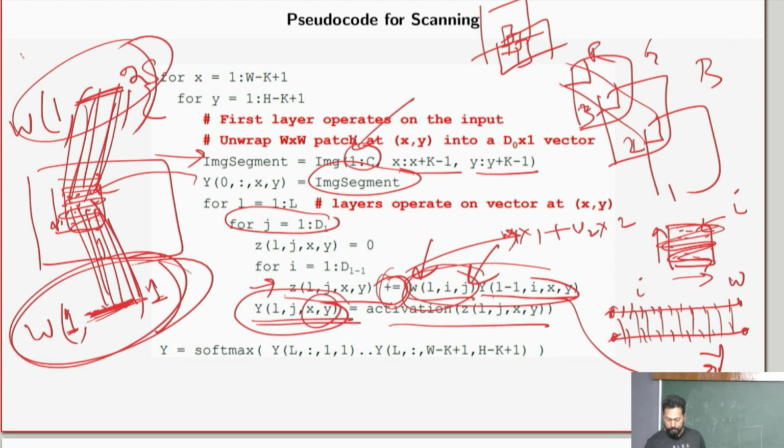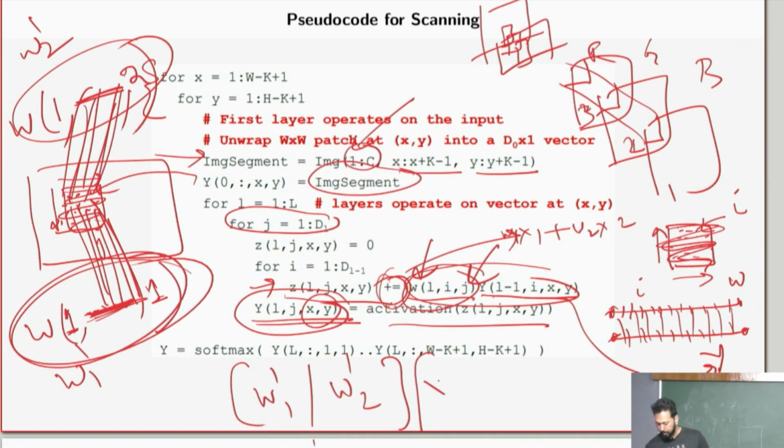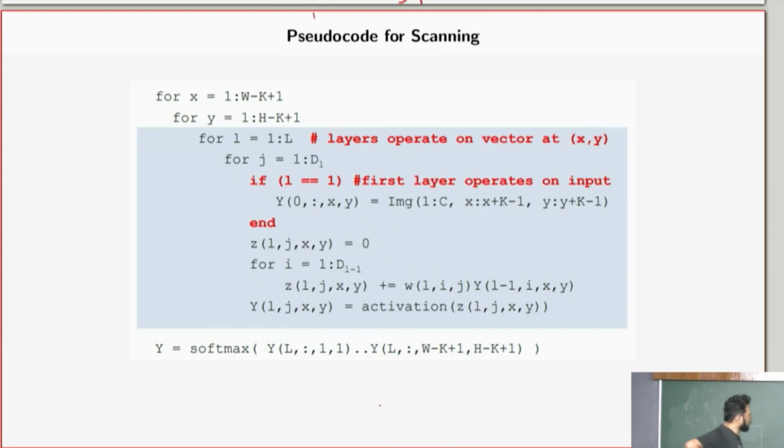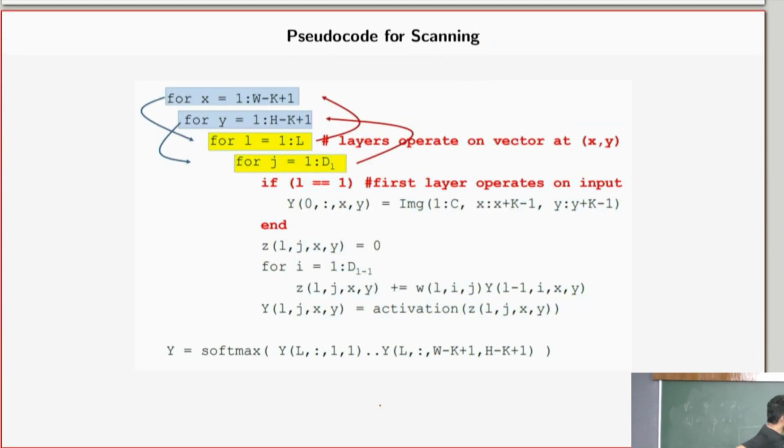Let us say this is my W2, and this is my W sub 1 of the first layer. These are all first layer. So I could have done the same kind of stacking, W11 and then W12, and they are acting on the same segment. Let us say this segment is X. So this is how the inner loop can be vectorized again in the same way like we did previously.